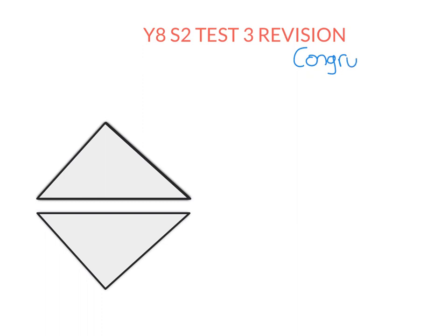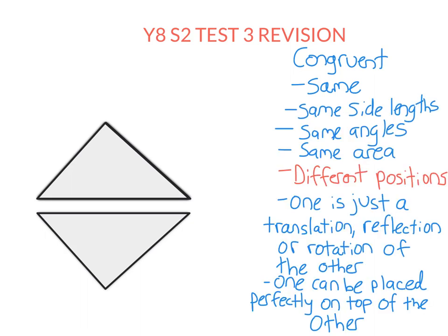So congruent essentially means that the two shapes are the same. So on your screen, it goes through exactly what congruent means. So these two triangles on your screen are congruent. As I said, they're basically the same. Same side length, same angles, same area. They're just positioned differently.